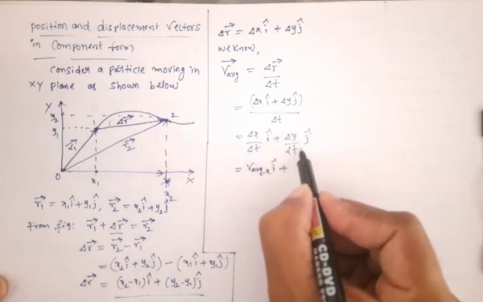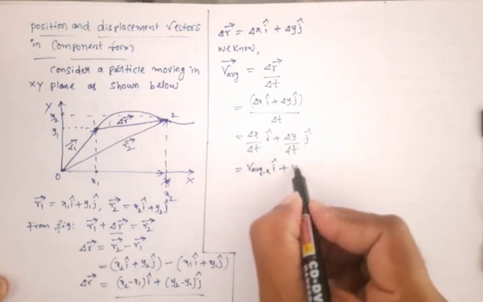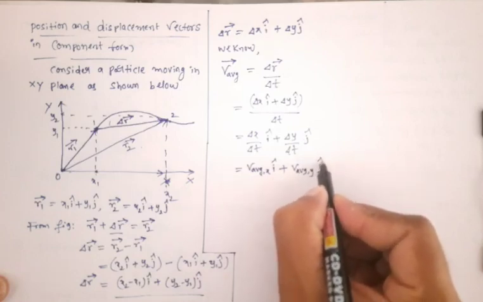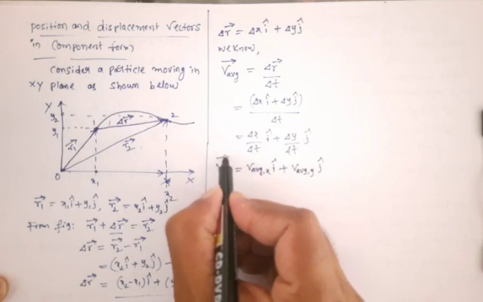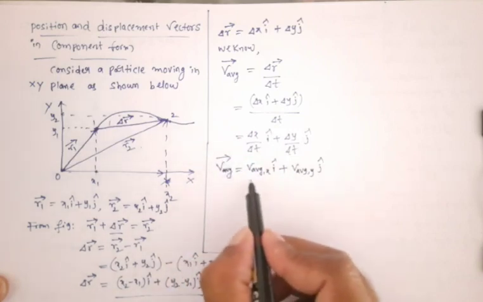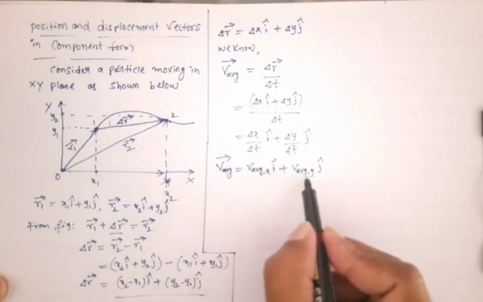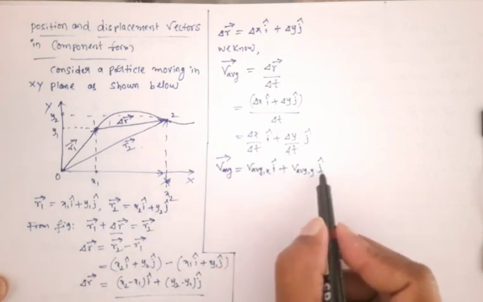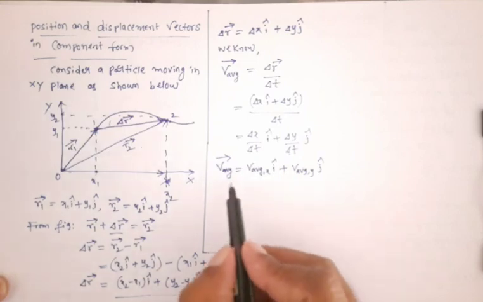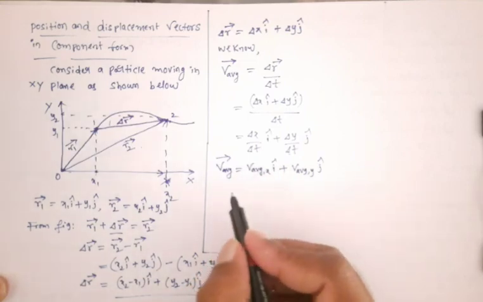And this term represents average velocity in y direction, V average in y direction into j cap. So the average velocity vector is equal to average velocity in x direction into i cap plus average velocity in y direction into j cap.